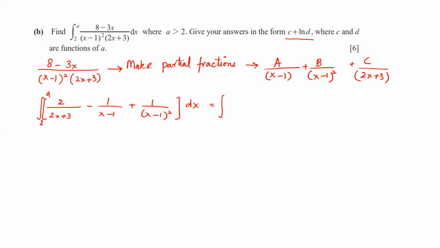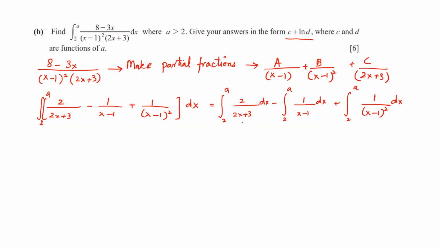Now we can have a separate integral for all of them: the integral from 2 to a of 2 over 2x plus 3 dx, minus the integral from 2 to a of 1 over x minus 1 dx, plus the integral from 2 to a of 1 over (x minus 1) whole square dx.